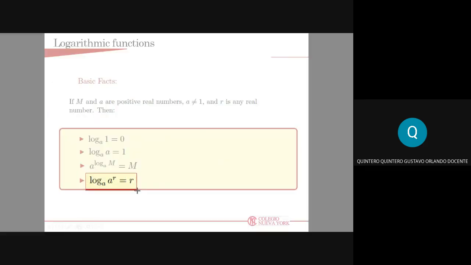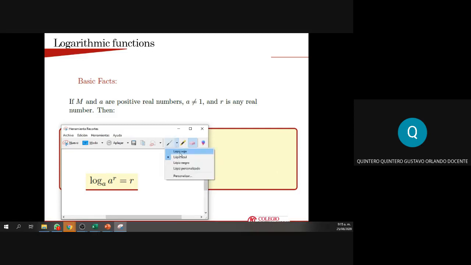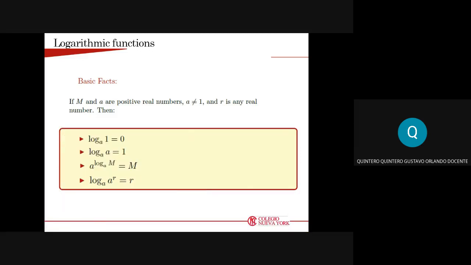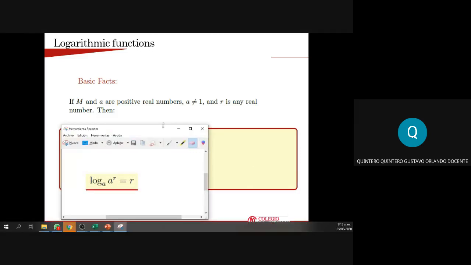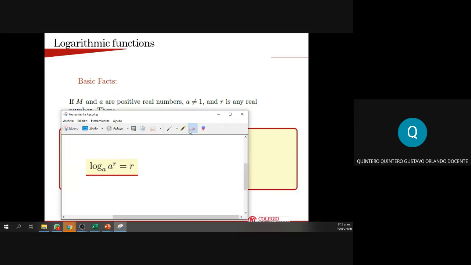There is also another explanation. Again, we can change this into an exponential, right? This is a logarithm, so we can change this logarithm into an exponential. Remember, the base of the logarithm will now be the base of the exponent.